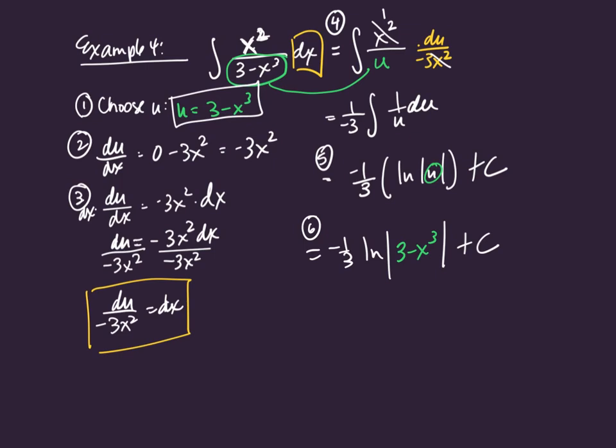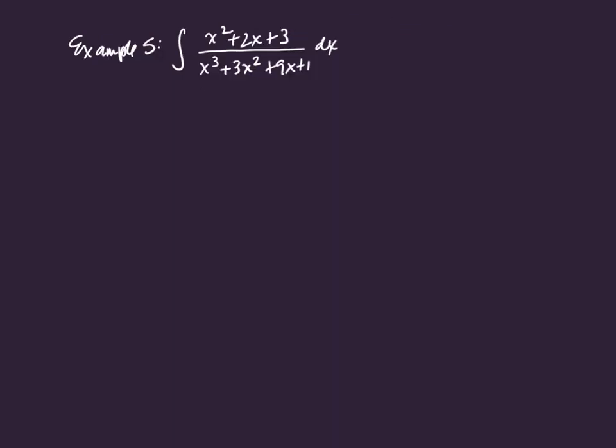One more. All right, this one may look long and confusing and scary, but it's not. Remember, we've got our steps. Follow the steps. Take comfort in the steps, right? Choose u. So again, right, choose our denominator.